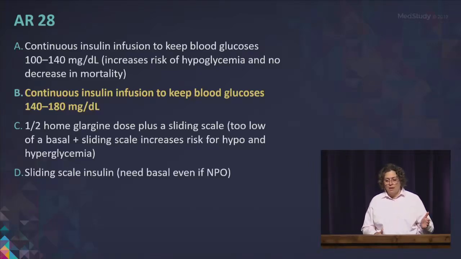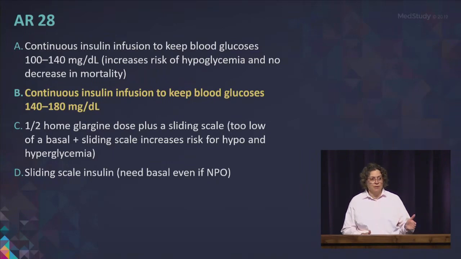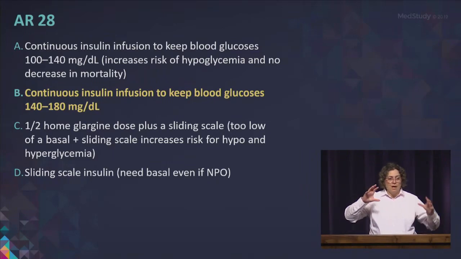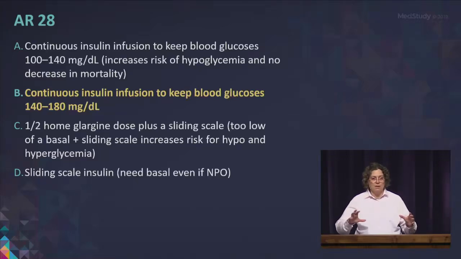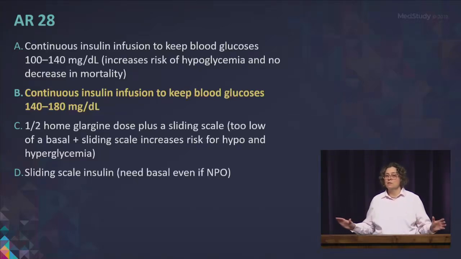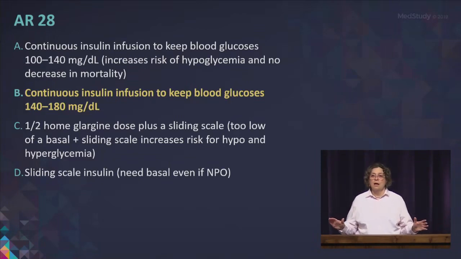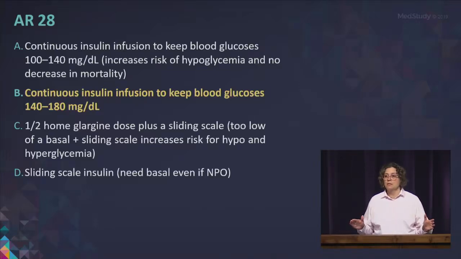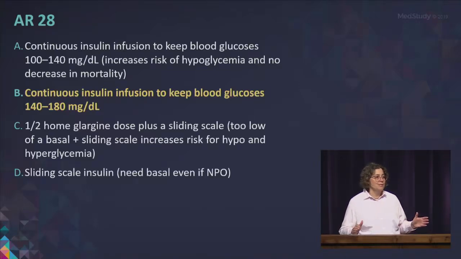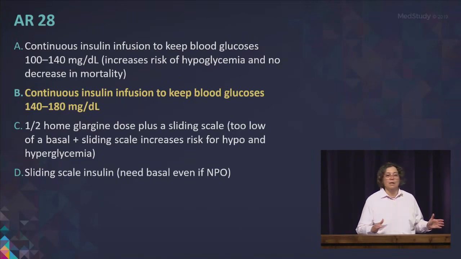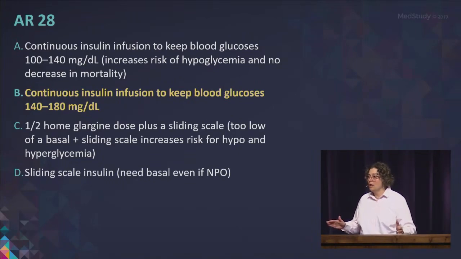Giving the home dose, or half the home dose plus a sliding scale, really increases the risk for marked hypo and hyperglycemia. And sliding scale alone is just a recipe for disaster in type 1 diabetes because it's so hard to predict how vulnerable someone is for going into DKA. You can have type 1s that go into DKA within an hour or two, and you have type 1s that might not go into DKA for a day or two.